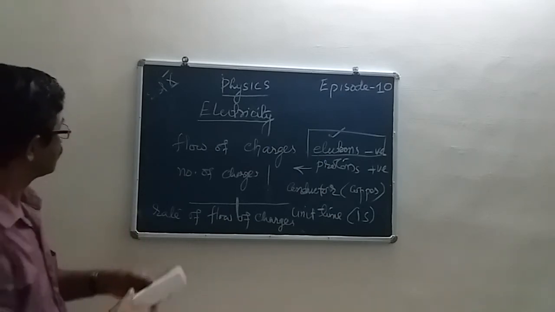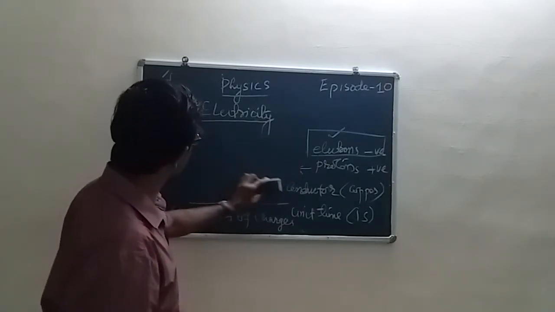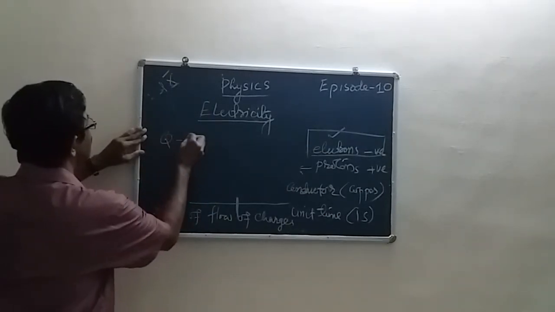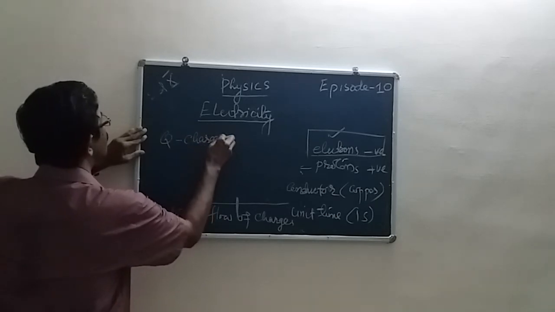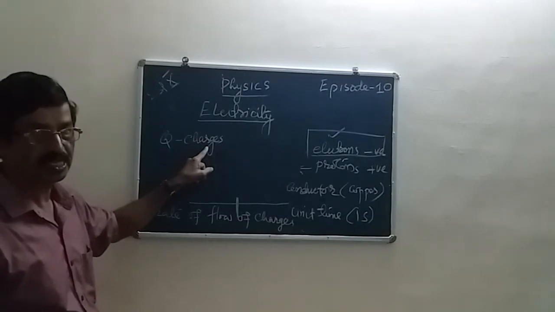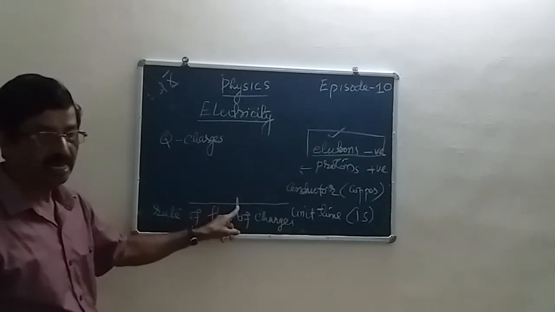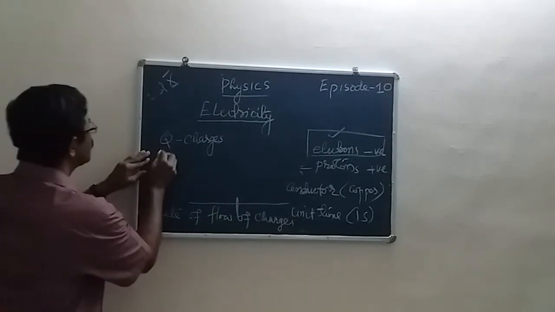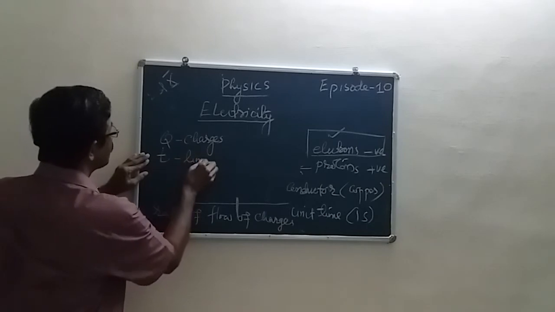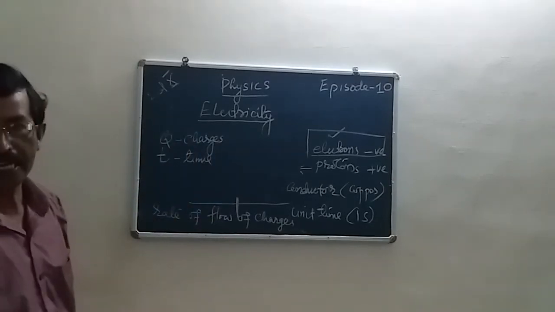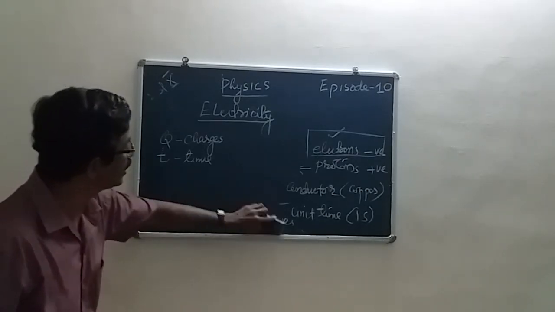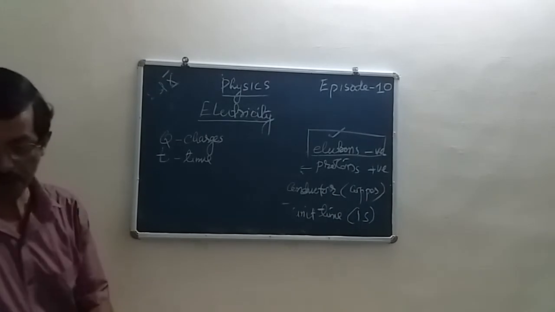See, Q charges. Q is the quantity of charges crossing this area within time t. Then how can we find the electric current through this point?